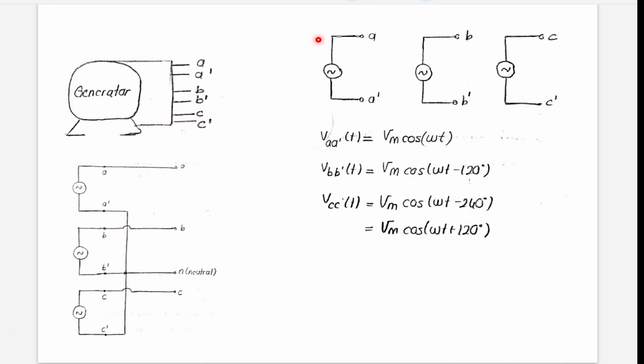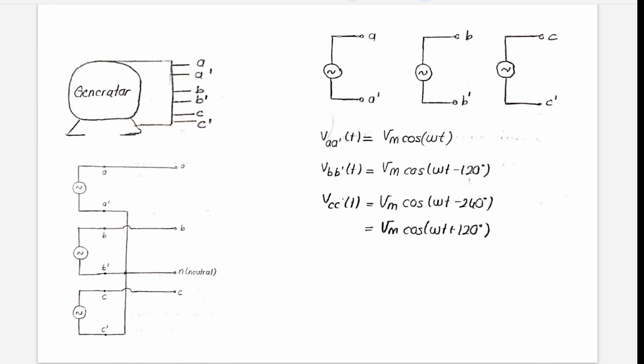Like this. So we can consider this the generator. And since A prime, B prime, and C prime are all connected to each other, we can call that node N, or neutral.